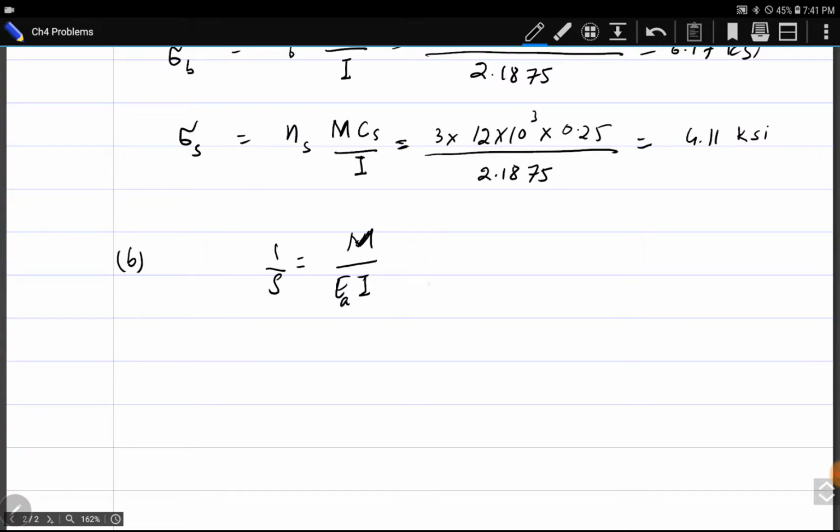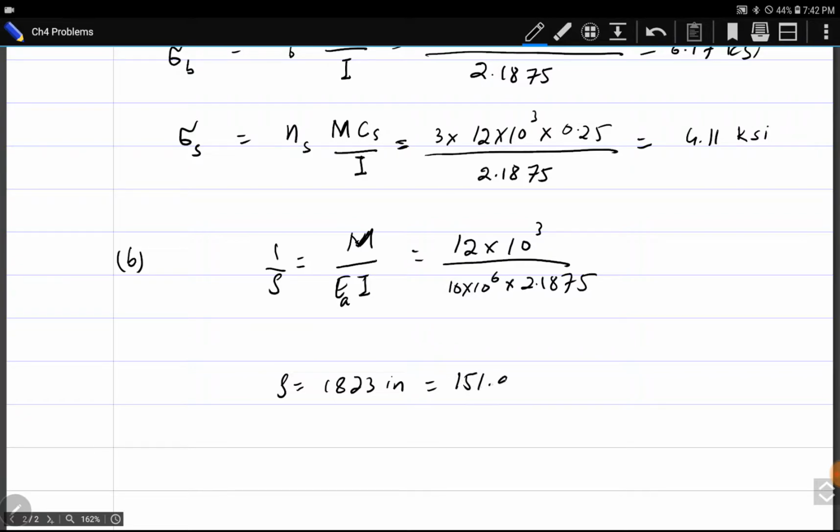By putting the values, 12 into 10 power 3 is moment, E for aluminum is 10 into 10 power 6, and I is 2.1875. So rho will become 1823 inches, or if you divide it by 12, it will be 151.9 feet.